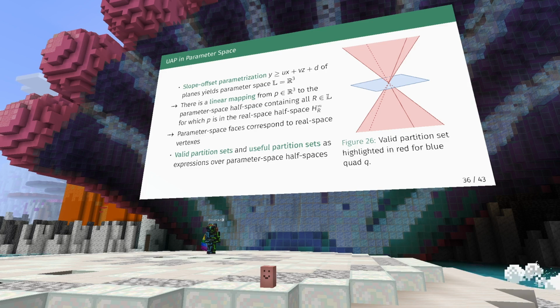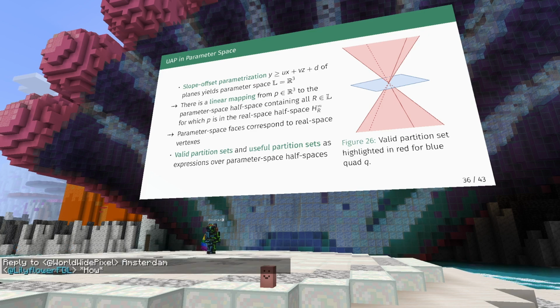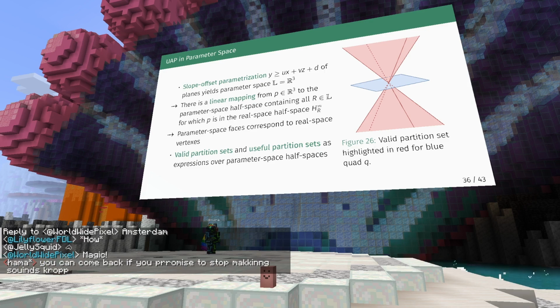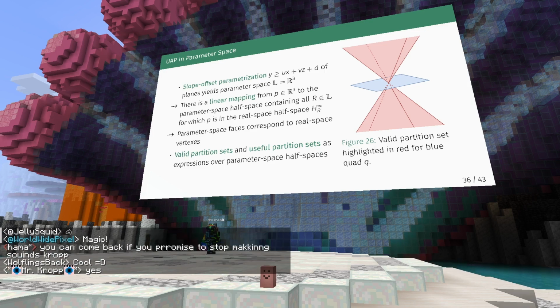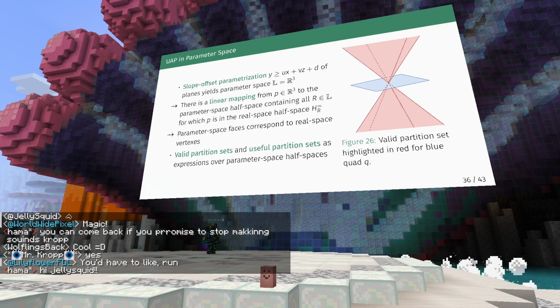We can also model the shape of all of the useful partitions as an object. You can see here on the right, I have overlaid the volume of the partitions that validly partition this quad, which is all of the ones that just don't intersect with it.